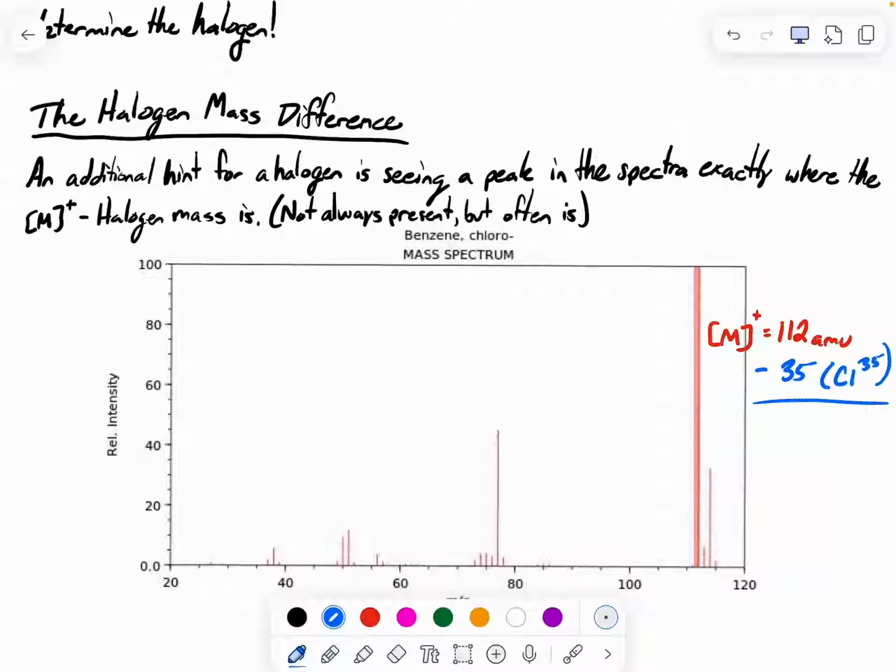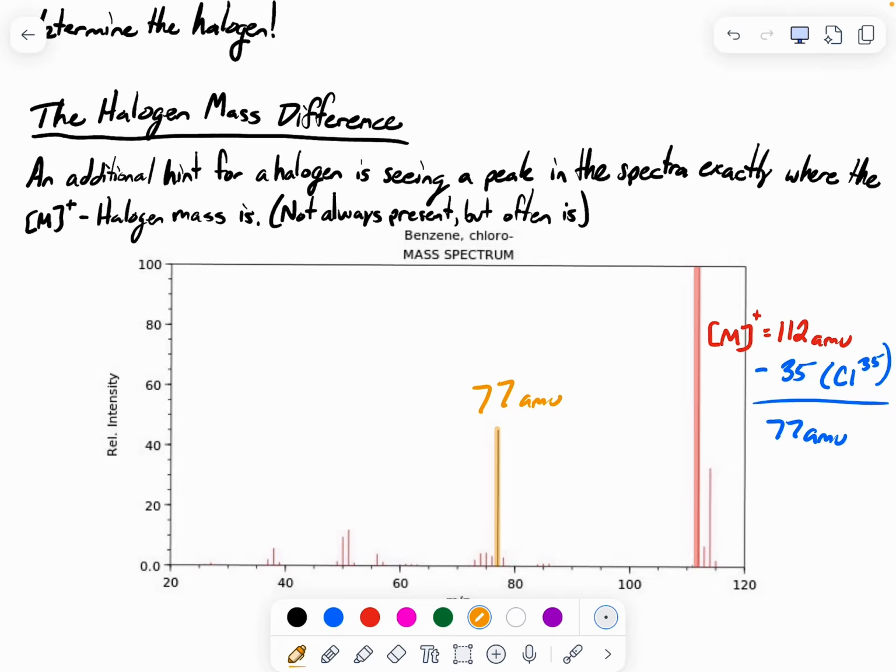And that should give us a location of about 77 AMU for an additional peak. If we look at that spectrum, we see there's a nice peak. It's one of the only other ones over here. And wouldn't you know it, that's right at 77 AMU. So we can use this to say, that's pretty good evidence that there's a chlorine there.